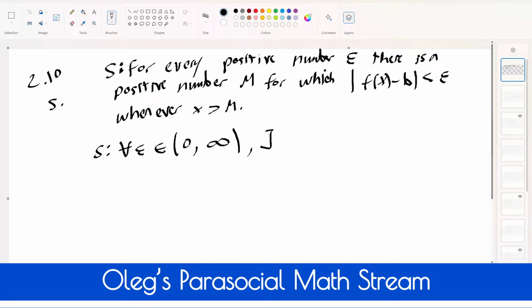We're going to say there exists M, also ranging from 0 to infinity, comma. And now we have, remember, the word whenever is a cause.